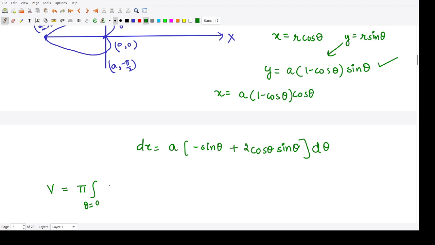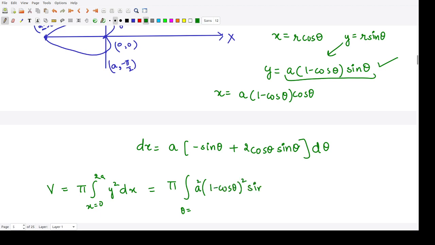Let me substitute the values. Pi into y square dx was the volume, where x varies from 0 to 2a. It now becomes pi integration over theta. And y square would be a square (1 minus cos theta) whole square sine square theta.